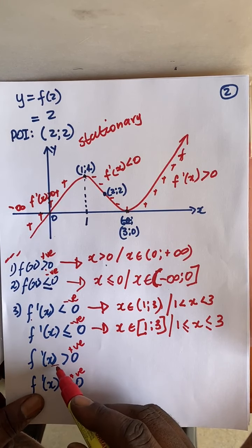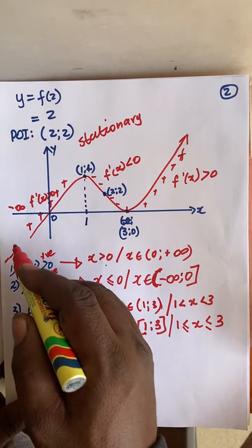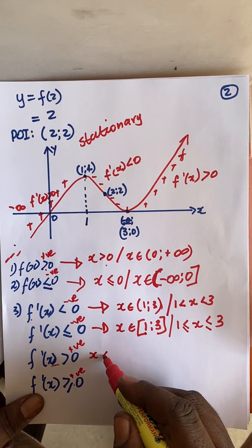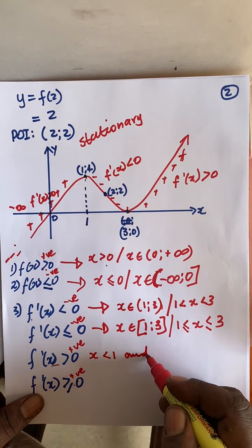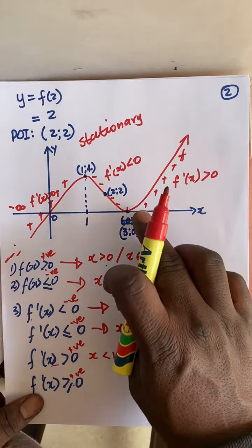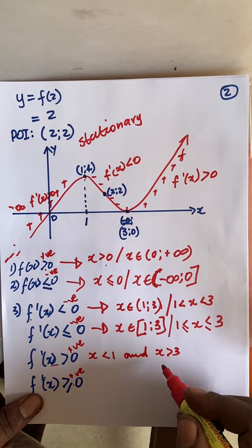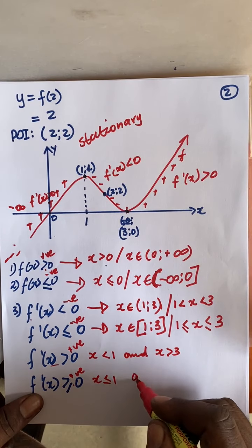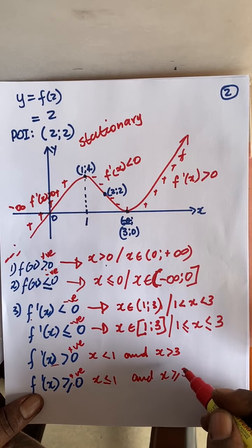Then f prime x is greater than 0, where the gradient is positive, from negative infinity to 1, which means where x is less than 1, and on this side again where x is greater than 3. So simply here I would say x less or equal to 1 and x is greater or equal to 3.